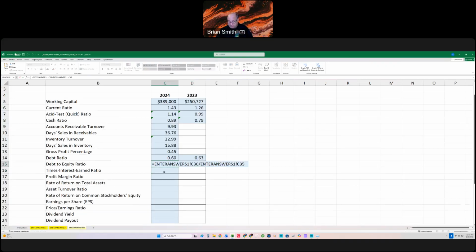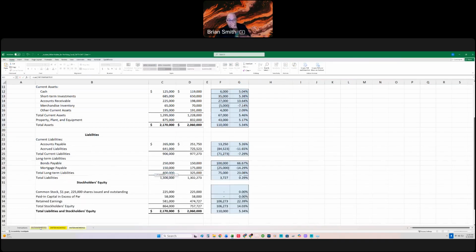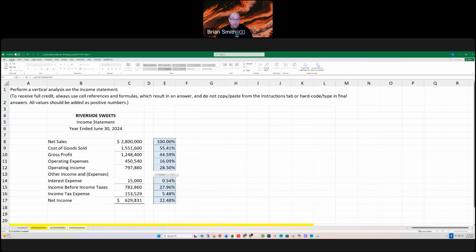Okay, cell C16, we are calculating our times interest earned ratio. Times interest earned, looking for it. Okay, it's net income plus income tax expense plus interest expense divided by interest expense. So let's go ahead and it equals sum, open parentheses. Let's go to enter answers 2. We're going to take net income and then we're going to add income tax expense and interest expense.